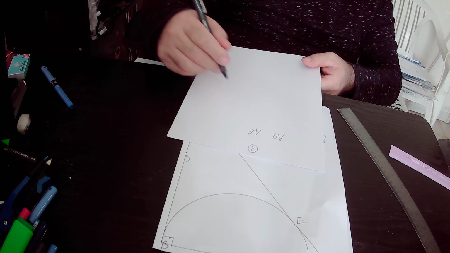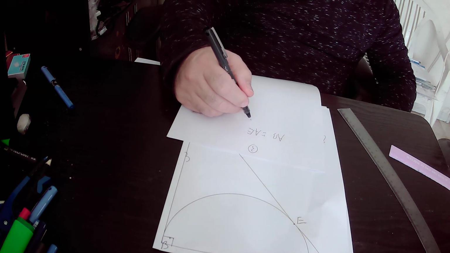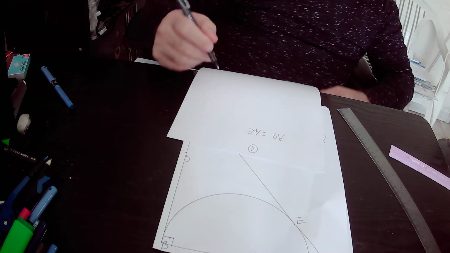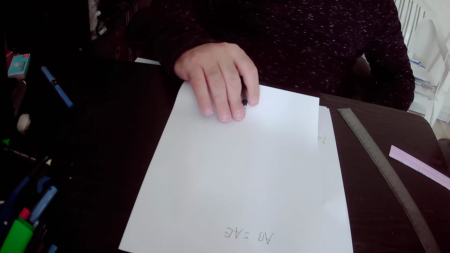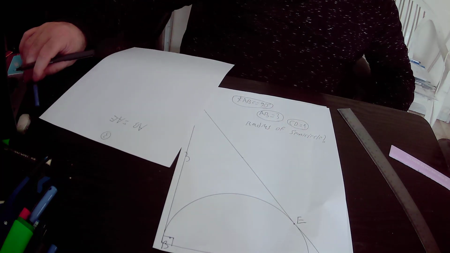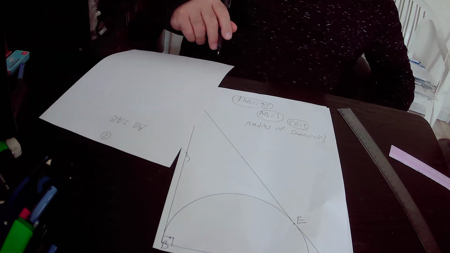That is to say, AB equals AE. But we know that AB equals 3 units, it is given in the question.